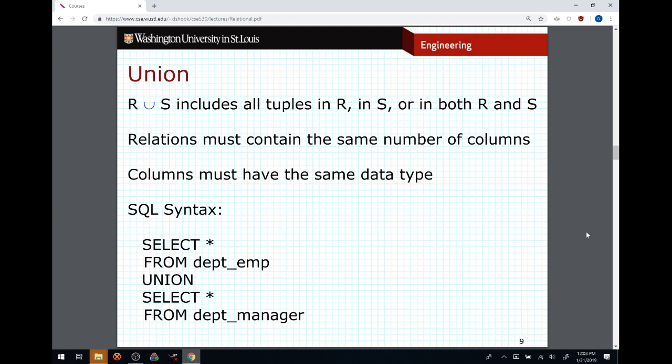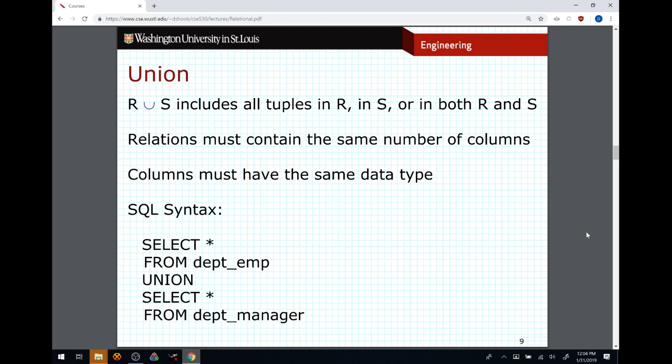This is not a very common operation in databases. It's pretty common in sets. We use it with sets all the time. You can do it on a database. In fact, here is the SQL code to perform a union. It's relatively straightforward. I write two select queries, and I just stick a union in the middle. So that'll join them up.